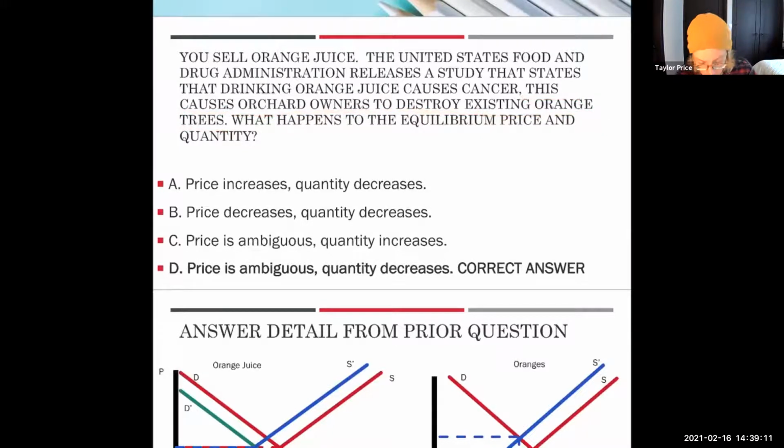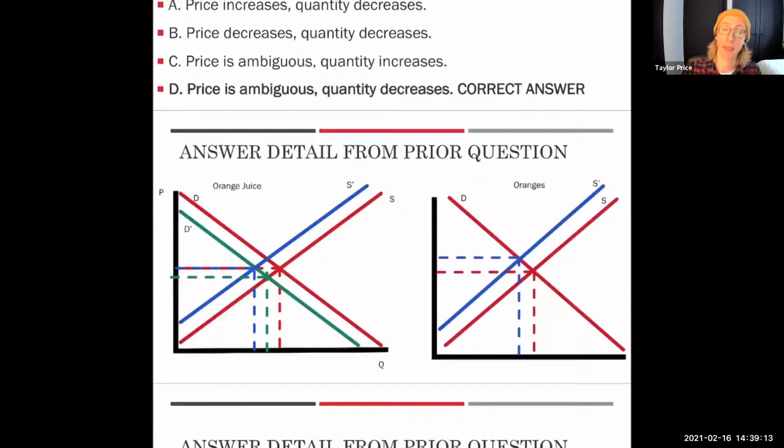So what that means then is that supply is going to shift and supply is going to decrease. So we're moving from supply here to supply here. So now we're moving from this point to this point. So notice what that says about price and quantity in comparison to the original.